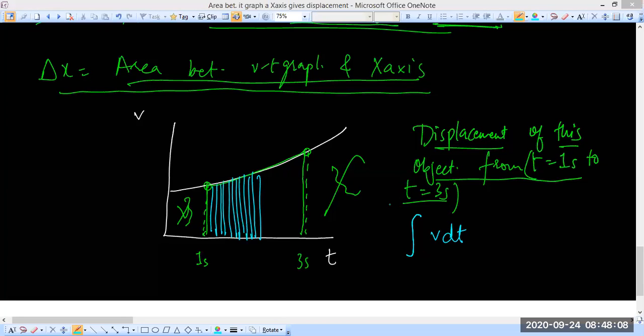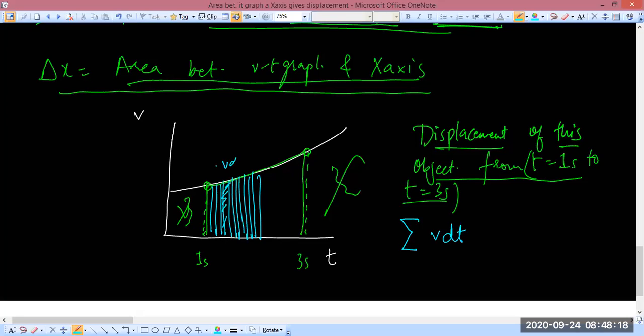We have to add sigma, addition. Addition of what? This small area. What's that? VDT. That small area is VDT. So VDT, VDT, VDT, like that, we have to add all those VDTs. But that addition of such small areas or small things is called integration. So we write integration VDT.